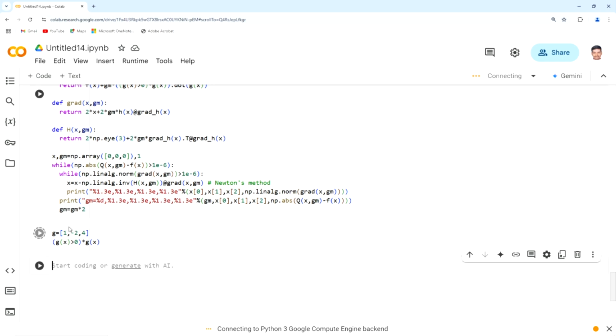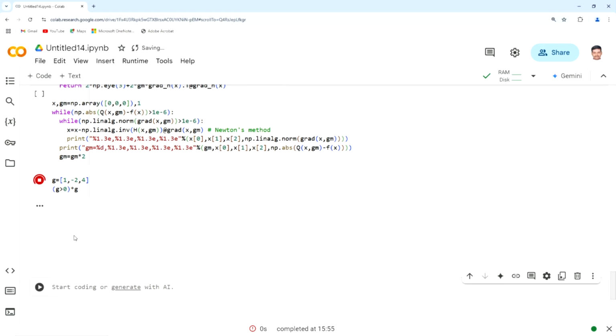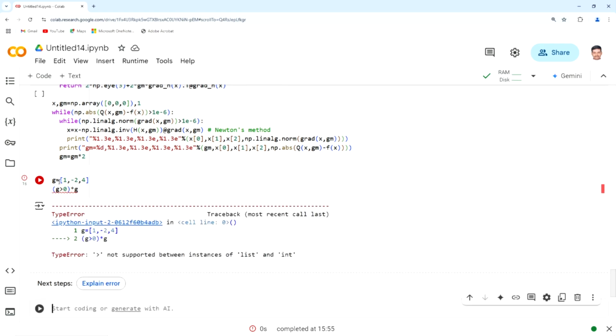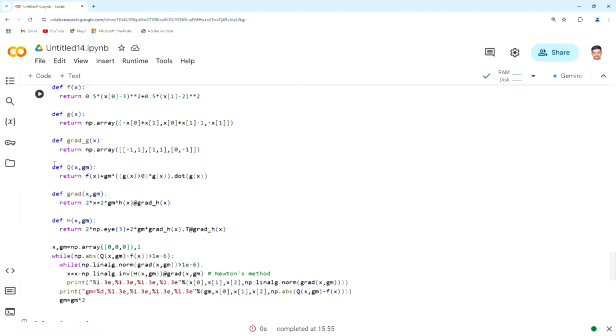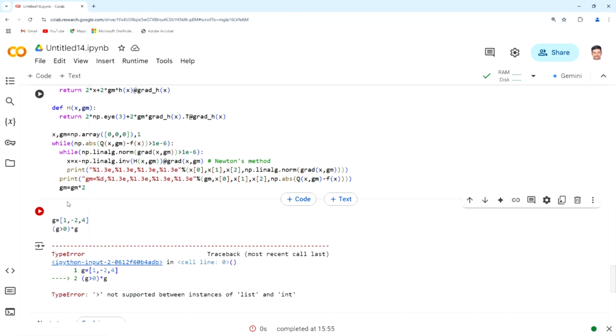I should have just written g and not g of x. I have to define this as a numpy array. I do not know if I imported, so I will import numpy, and this is np dot array of this, and now you can print this. I will also write it as print, it works even otherwise, but it is okay.